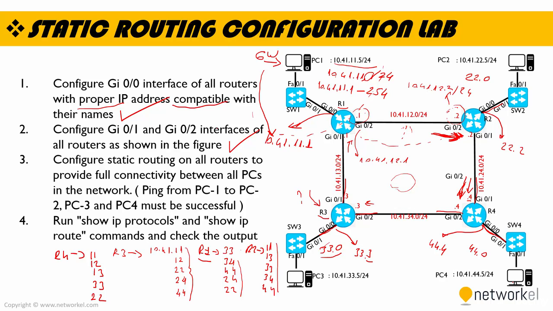Please pay attention that I could do this one too. I could go to router 1 and say, hey, if somebody wants to go to 33.0, send the packet directly here.